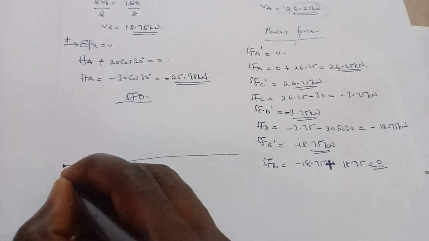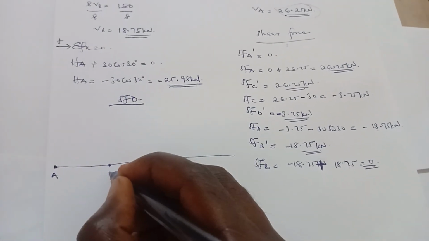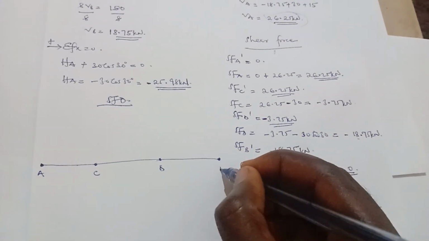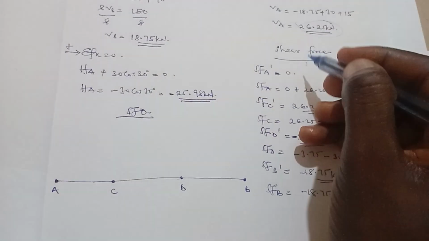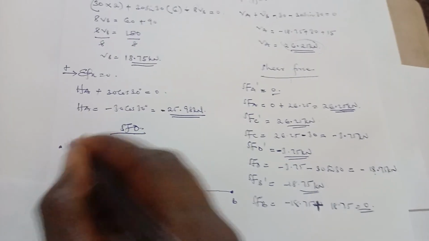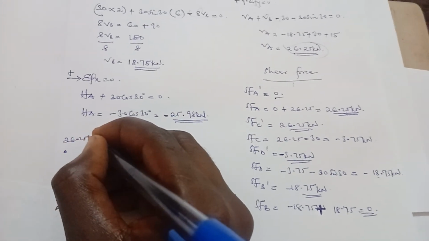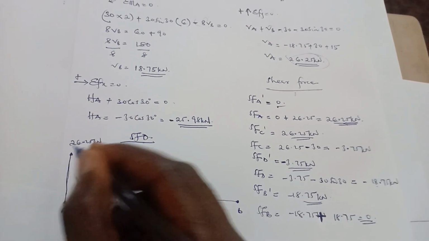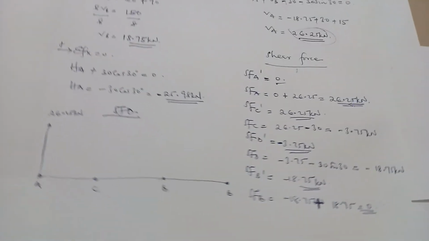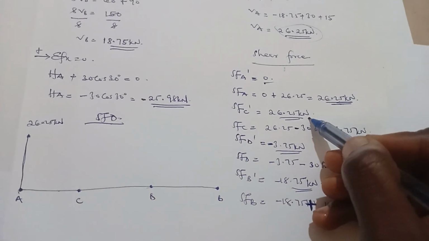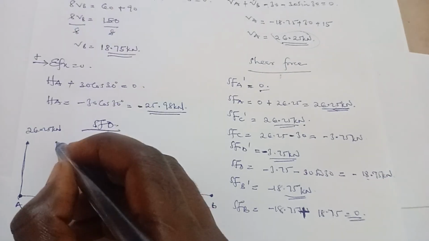We can call this side A, C, D, and B. A is 0, 26.25 at A, 26.25 kilonewton. Okay, C prime, 26.25.